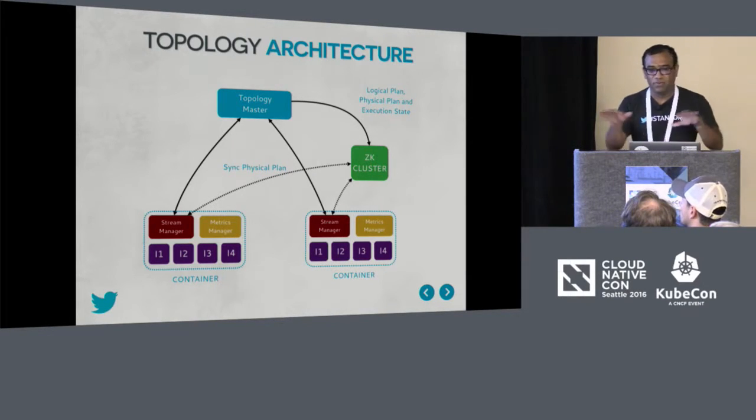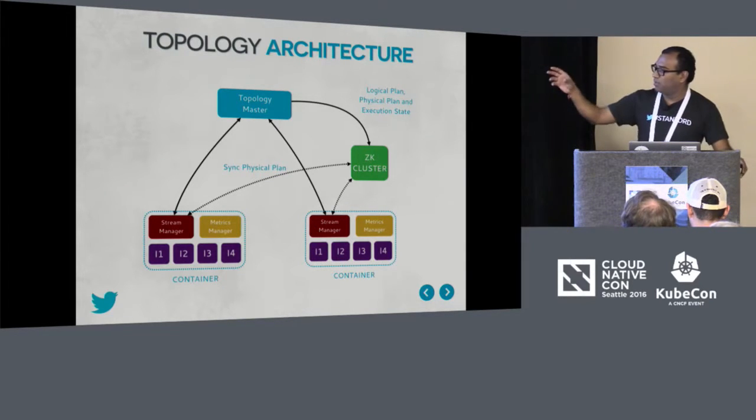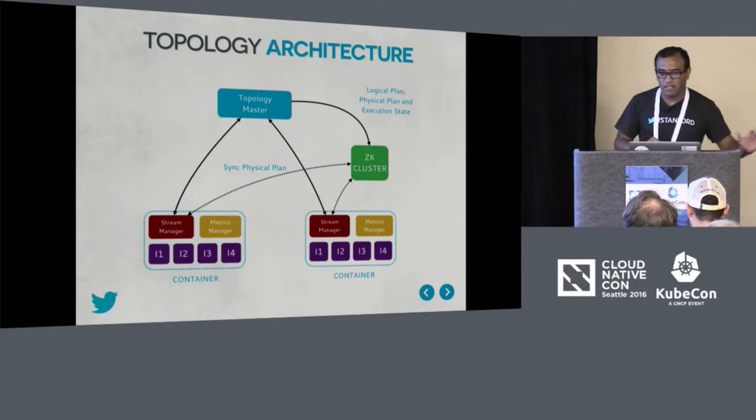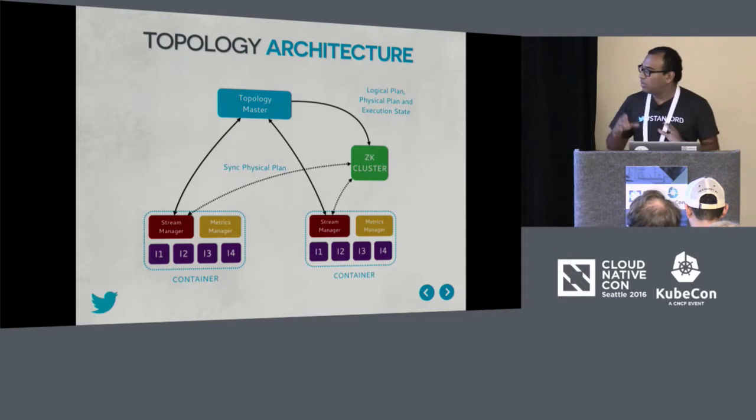Because the data is flowing through this topology or the DAG, right? Which means some parts of the topology will be running on data container 1, and some parts on data container 2, and so on. And because of that, the data has to be moved around, and in order to move it around, the stream managers have to discover each other. You can think about the stream manager as more of a sophisticated data router in some form, where it has to route the data to the appropriate containers.